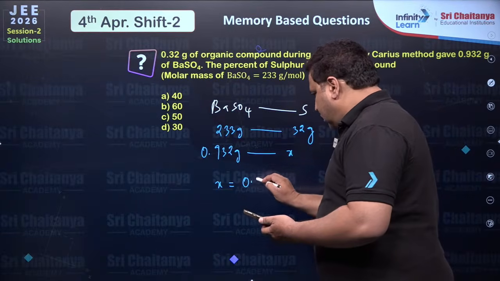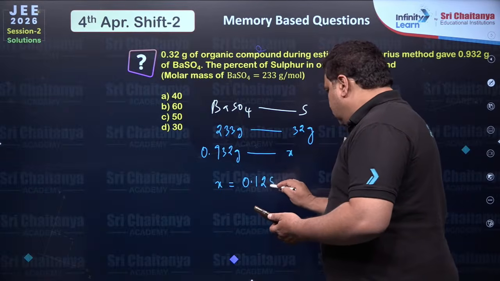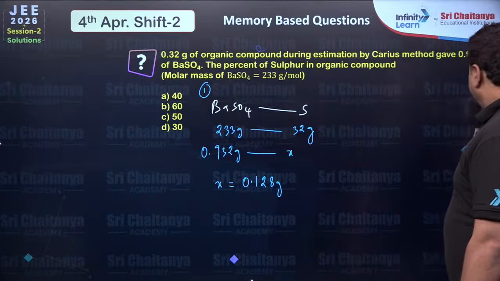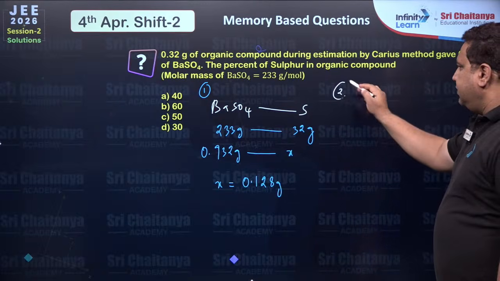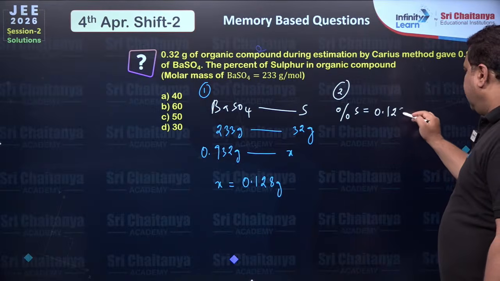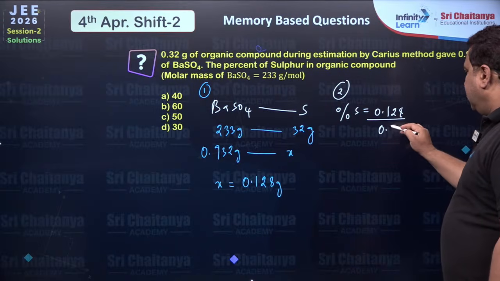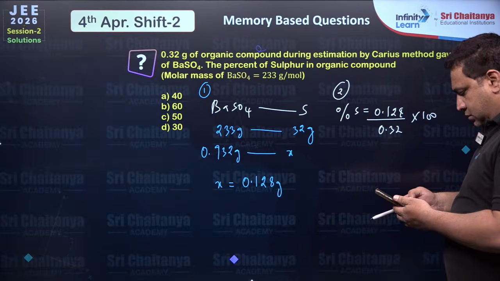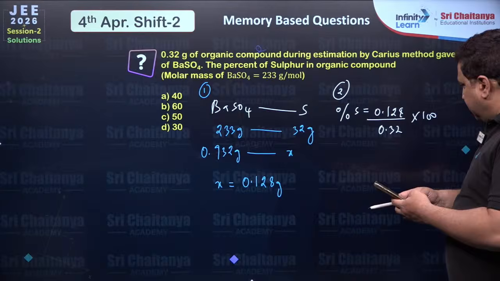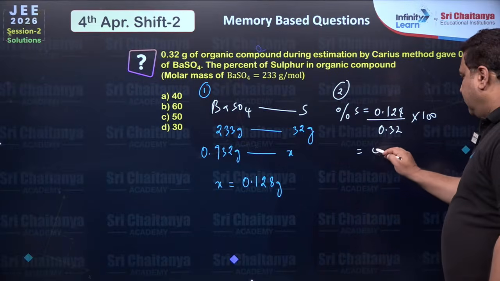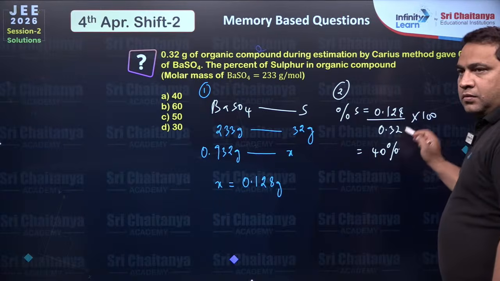So it is 0.128 grams. This is the first step. Second step is percent of sulfur is 0.128 upon 0.32 into 100. Okay, so dividing by 0.32, it is 40.